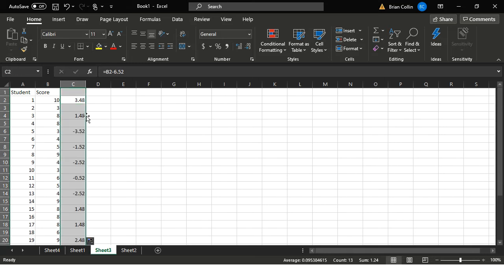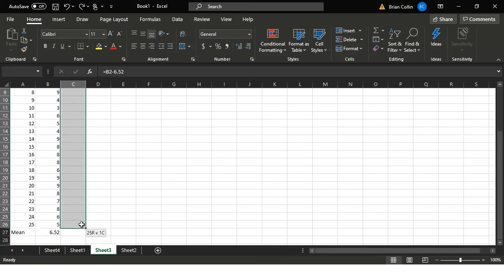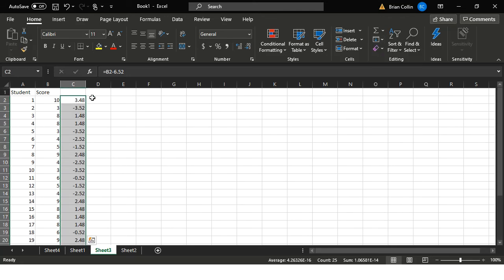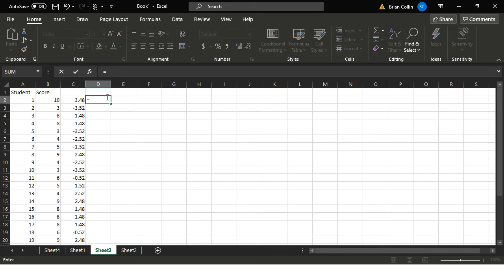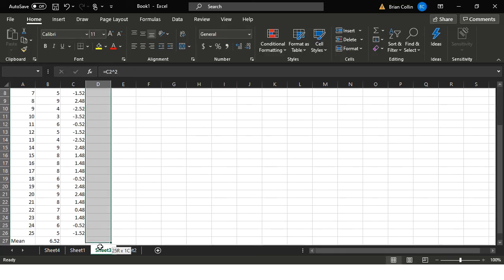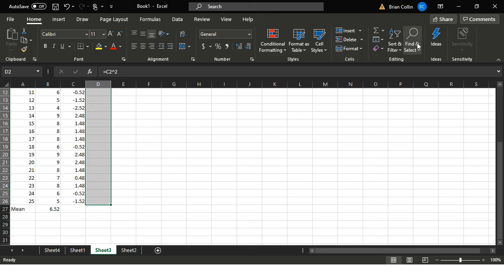So I'm going to just go ahead and subtract the mean from every score. And now you've got some that are negative and some that are positive. To fix that, I'm going to square everything. When you square and multiply a negative by a negative, you get a positive, so this is just a way to make sure all the numbers are positive.